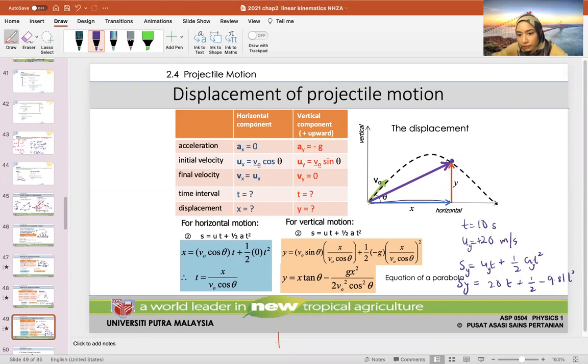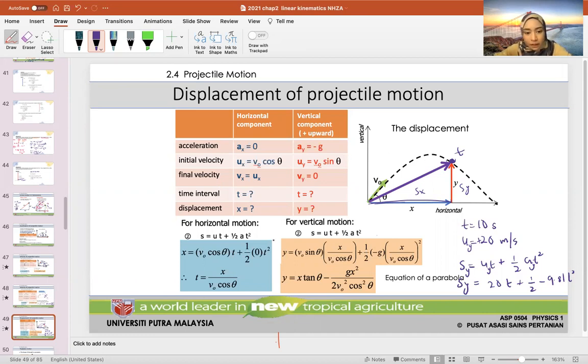So kalau kita dah travel x by this much and sy by this much, it's the same time taken. Time taken to reach here is the same time taken to reach here. They overlap. You can't have different times for x and y. Dia kena sama. Okay? Time is not a vector, it's a scalar. And time is always positive.